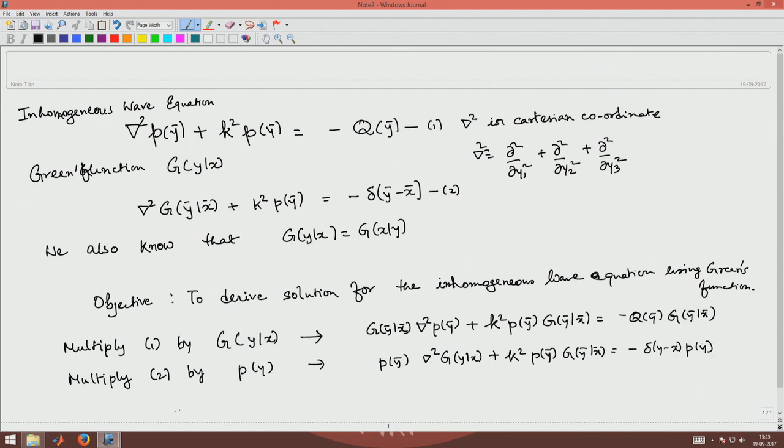Next we will subtract these two equations and integrate over the volume.